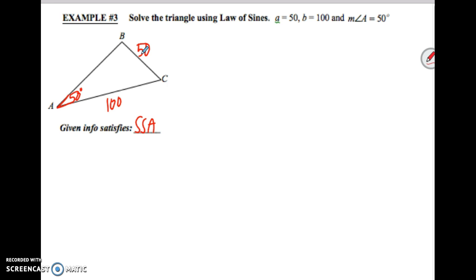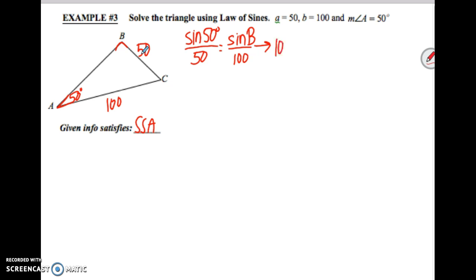So if we are trying to solve for the measure of angle B, we can take the sine of A, which is the sine of 50 degrees, and divide that by the side length of A, which is 50, and set that equal to sine of B divided by the side length of B, which is 100. Now to solve for sine of B, we need to multiply by the denominators.